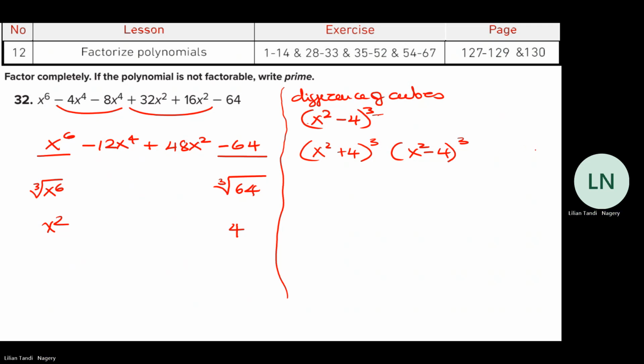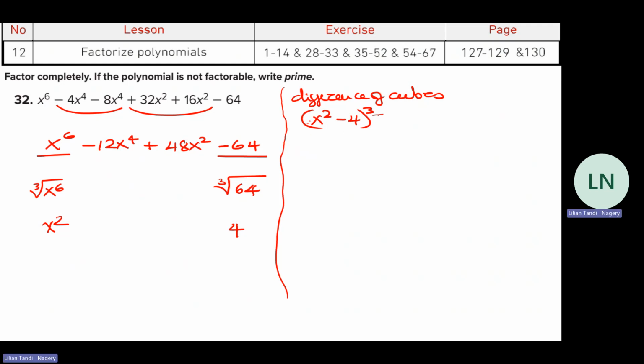Okay? So simplify this. Not simplify, as in literally find the factors of that. So, okay, let me explain again.